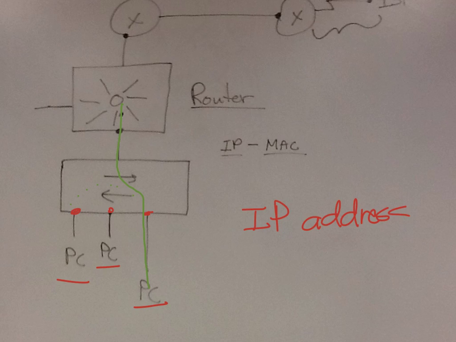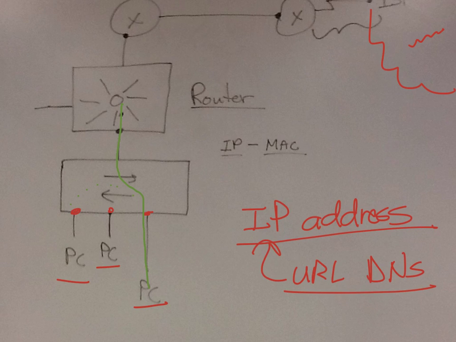We have an IP address of something, let's say out on the internet. Okay? Now you may say, no, we got a URL. Well, URL and domain name services eventually get us back to where we have an IP address that's going to work through the internet one way or another.